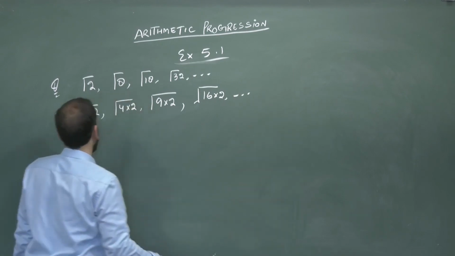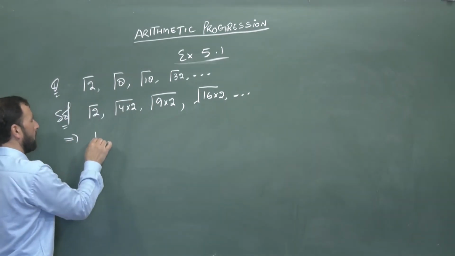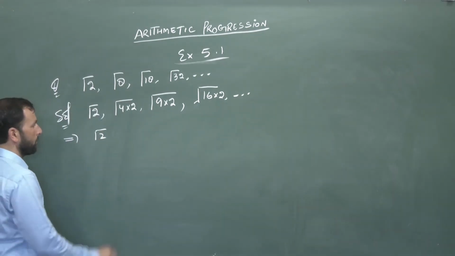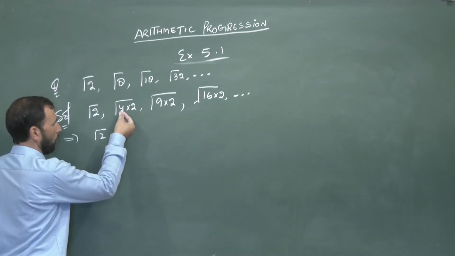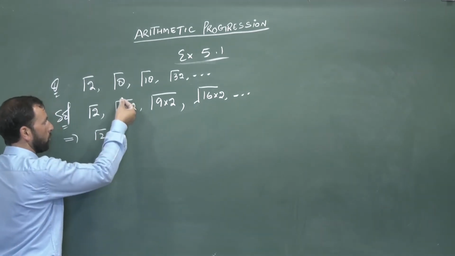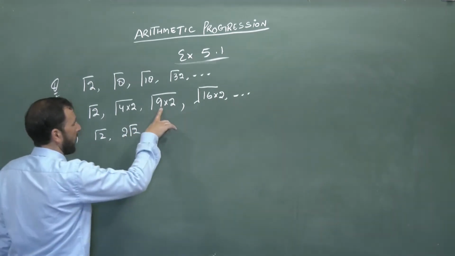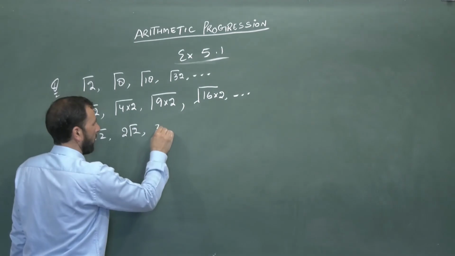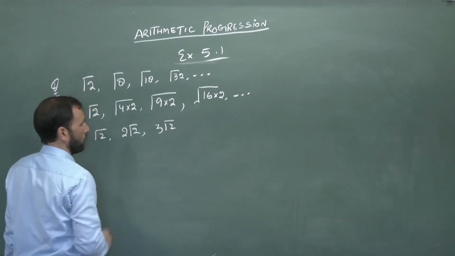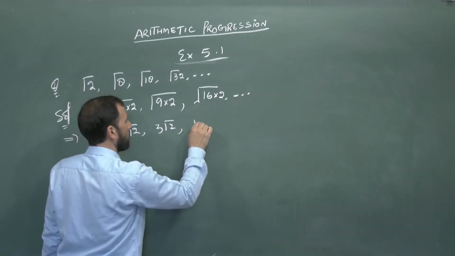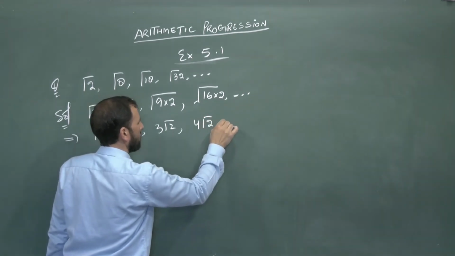Further, it is square root of 2, then 4 is a perfect square of 2, so it will be 2 square root 2. 9 is the square of 3, we get 3 square root of 2. Here it is 16, we get 4 square root of 2.